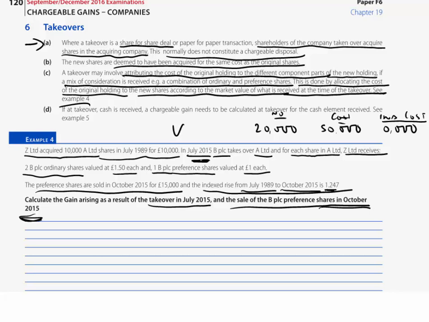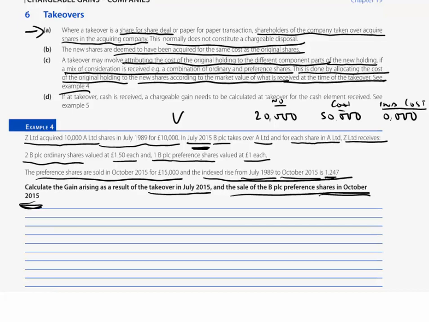So the working that we do is going to be based purely, as it was in CGT for individuals, on a division of the cost. But let's just look at the notes and what it is that we now need to do.